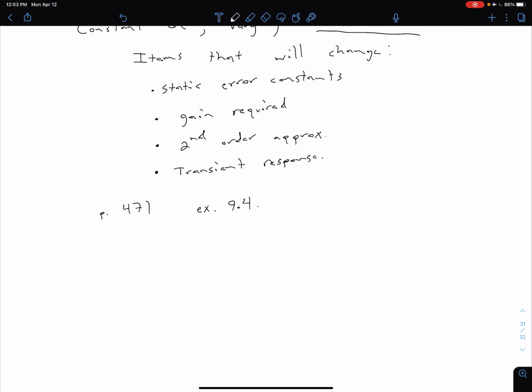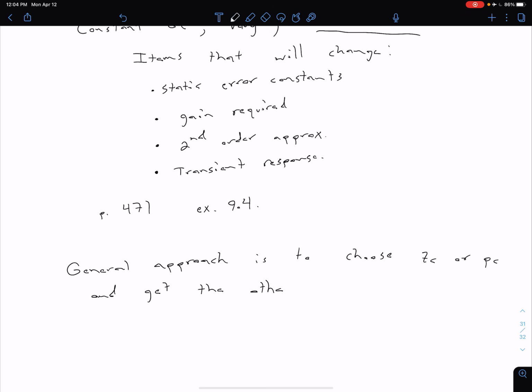From that example, what we can see is our general approach is going to be to choose one of the two, either our pole or our zero location. So the general approach is to choose ZC or PC, and then we get the other from the required angular contribution, so from our required theta c.